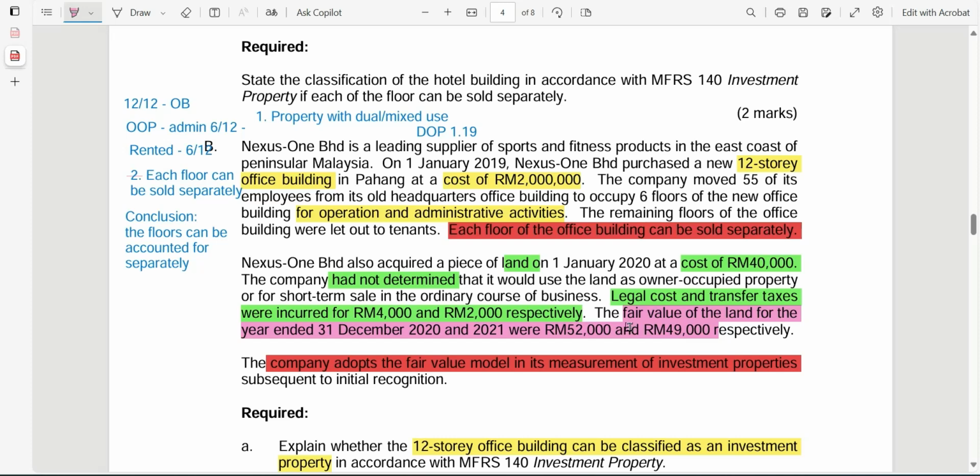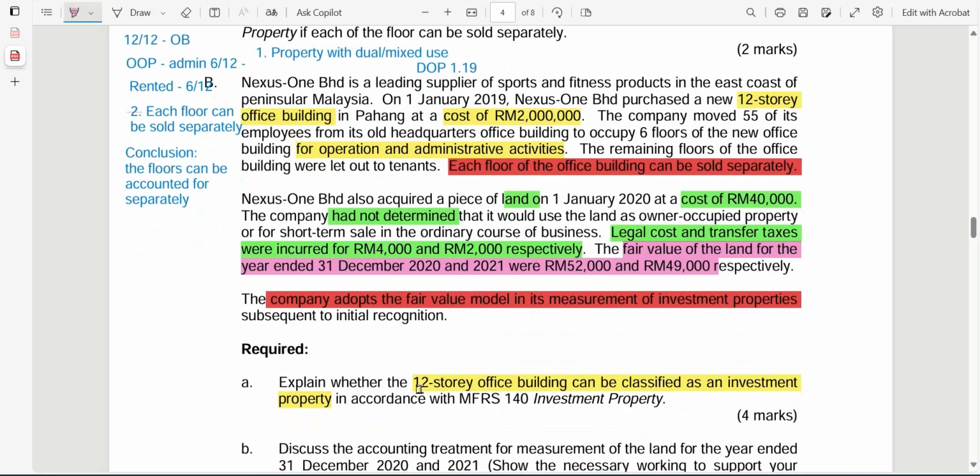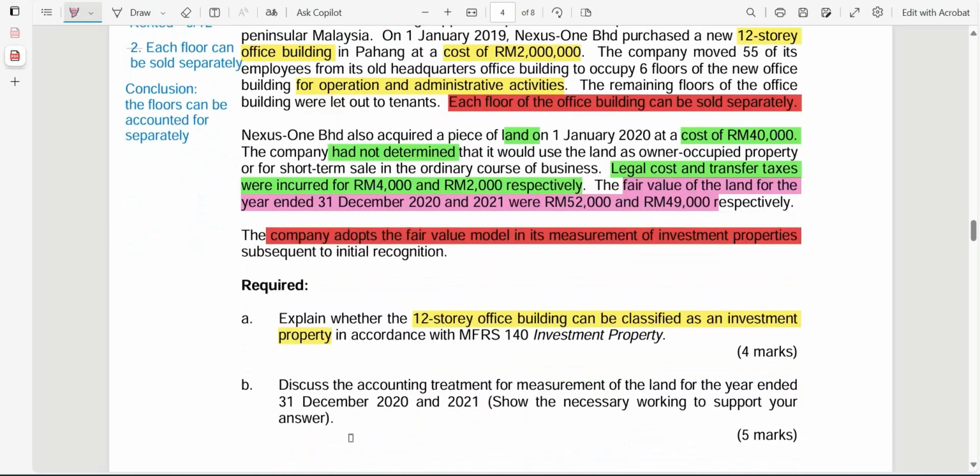Next is the subsequent measurement, on 31st of December 2020 and 2021. If you look at requirement B here, you are asked to discuss the accounting treatment for the measurement of land, which is confirmed to be an IP, for 2 years, 31st December 2020 and 31st December 2021.